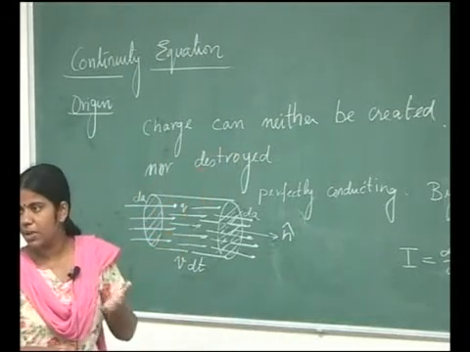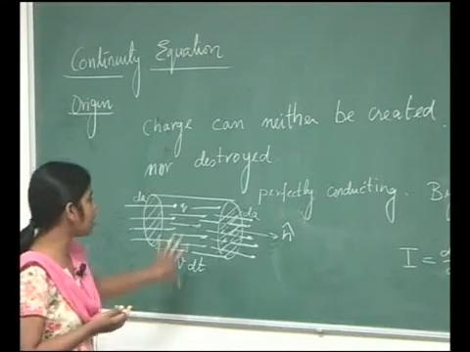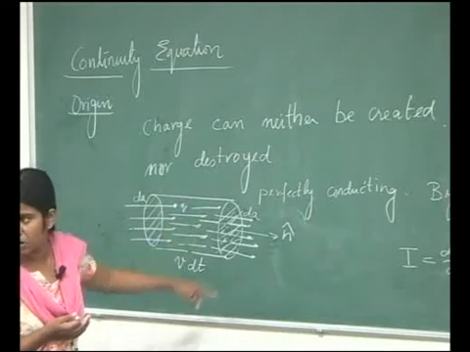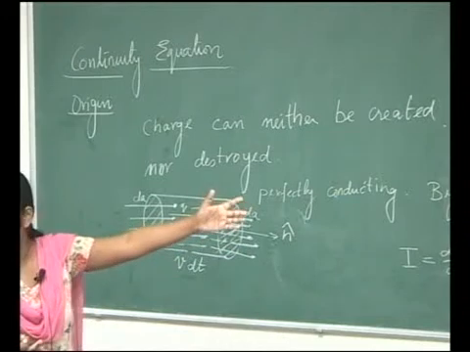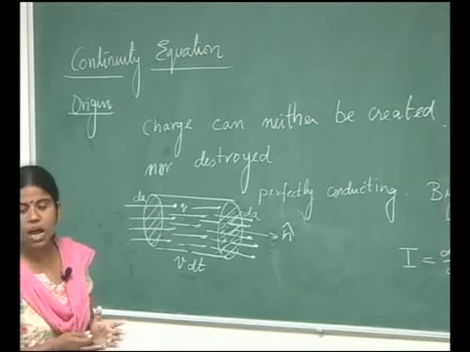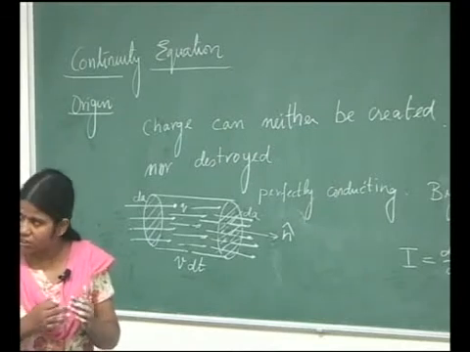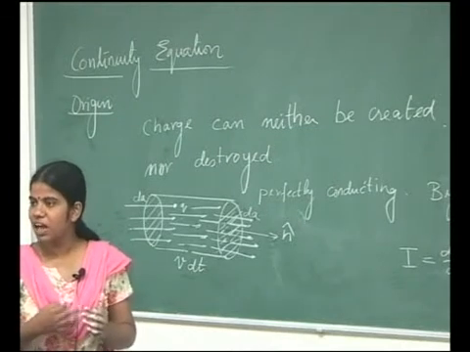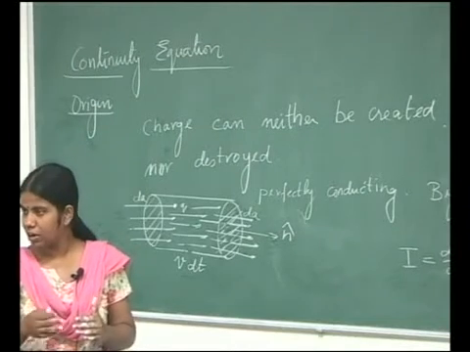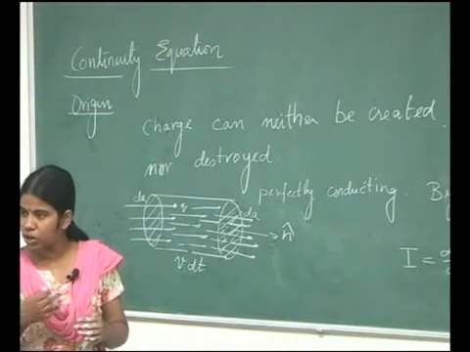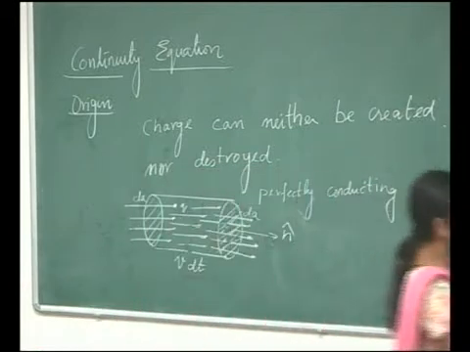So, this equation gives a balance between charge and current. If current per unit volume from a surface is decreasing, it means charge is slowly building up. This is a very important equation.